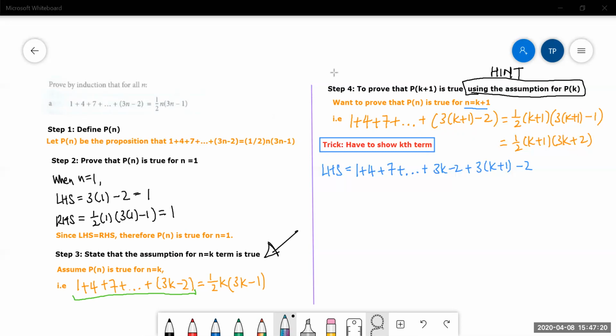If you don't show the k term, you won't be able to get it. Okay, so moving on.